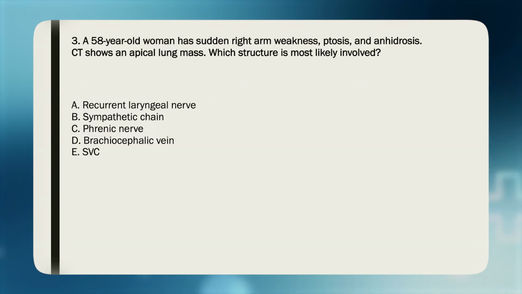A 58-year-old woman has sudden right arm weakness, ptosis, anhidrosis. CT shows an apical lung mass. Which structure is most likely involved? Sympathetic chain. Yeah, what is the diagnosis here?